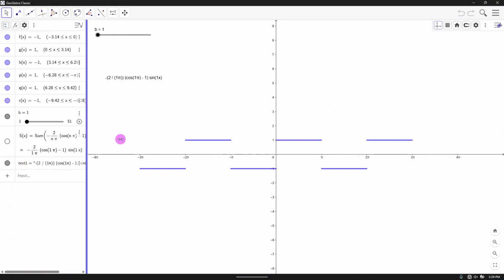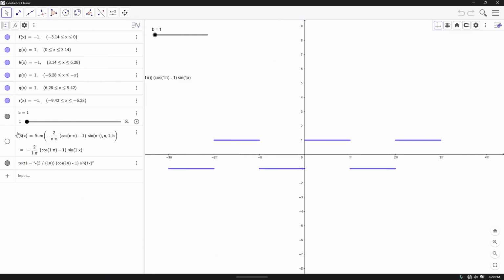And also I typed a function s of x, which is the sum from n equals 1 to b, how many terms we want, just like I showed you the slider with the Taylor series the other day. Okay, and what is that? Negative 2 over n pi. I represented it in terms of cosine of n pi minus 1. All right. Okay, let me show you this first.